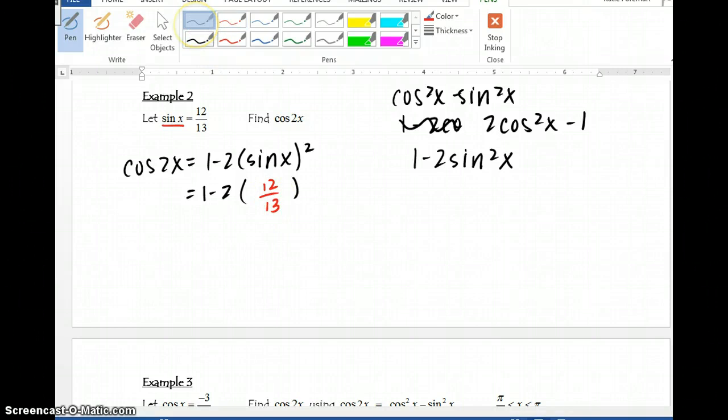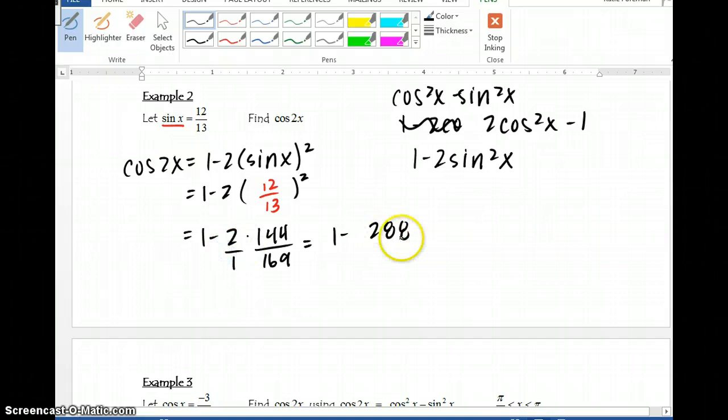So the entire thing gets substituted in. Don't put 12 over 13 in for x. That's not the given information. So square the top, square the bottom, top times top. If you imagine putting 2 over 1, bottom times bottom.